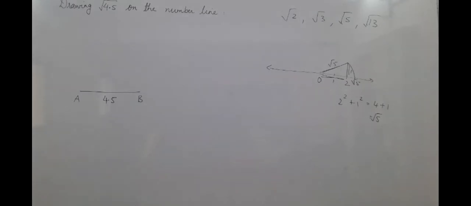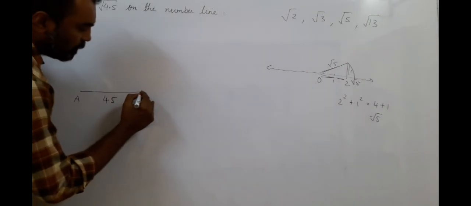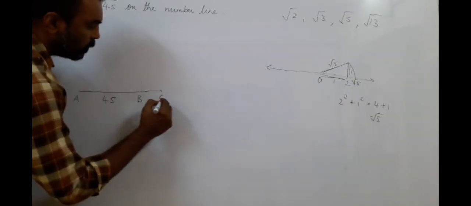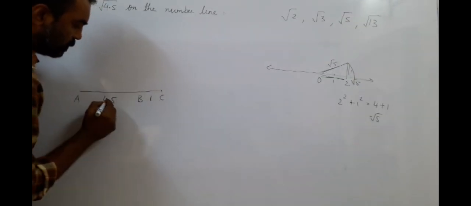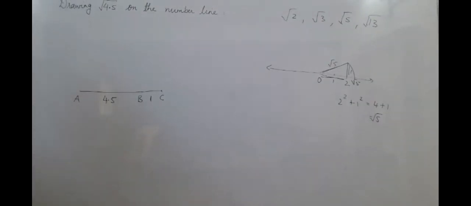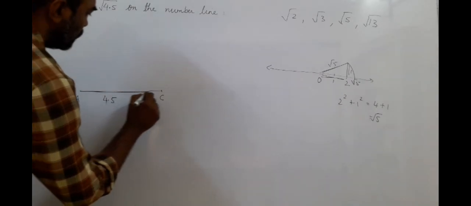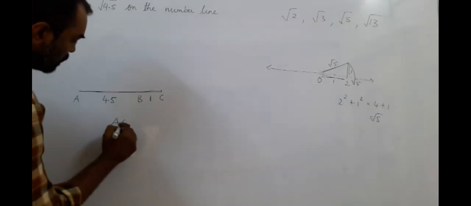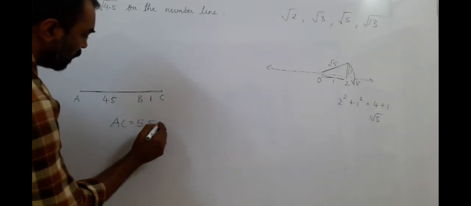Okay? Draw a line AB which is 4.5 centimeter. Then extend this by 1 more centimeter and call this point C. This is 1 centimeter. So this is 4.5 and this is 1. So you got AC which is now 5.5 centimeter.